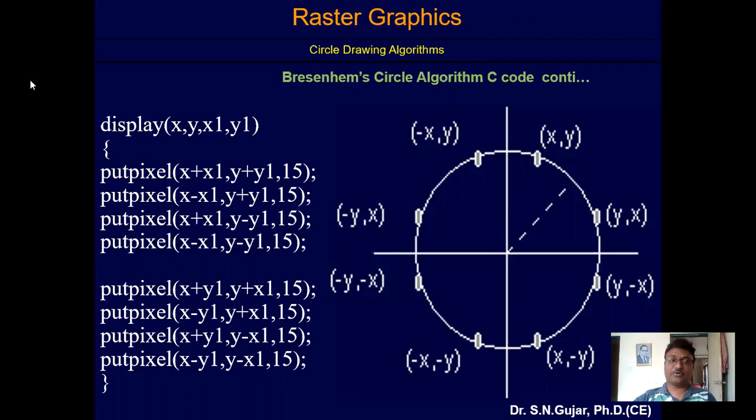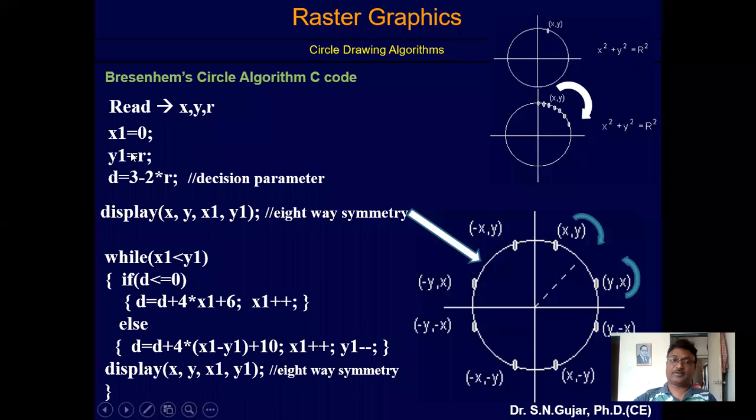At that time you have to start with reading x, y, r, where x, y is the center of the circle and r is the radius. Then initialize the point: x1 is equal to 0, y1 is equal to r. Then the decision parameter is 3 minus 2r. Then display your 8-way symmetry function and go to the while loop: x1 less than y1. If d is less than or equal to 0, then the decision parameter is incremented: d is equal to d plus 4 x1 plus 6, and x1 plus plus.